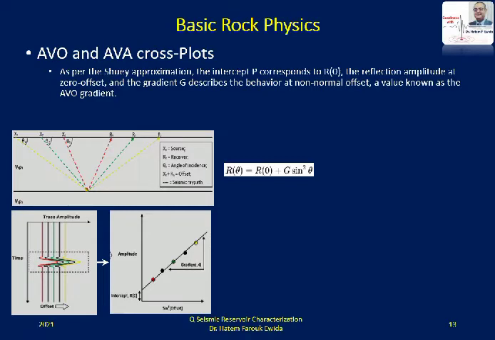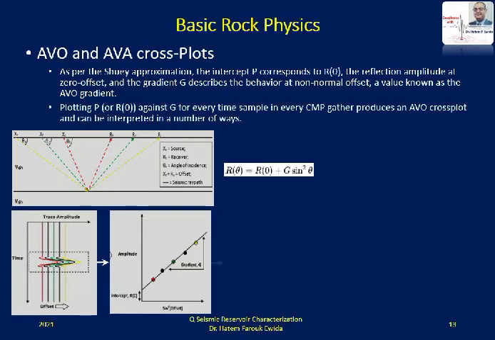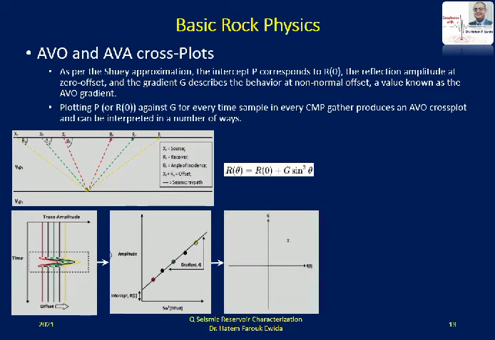If we plot sine squared theta against the amplitude, from where do you get the amplitude? From here. Then I can take the best fit. The slope here is the gradient, which is G, and this is R naught, what we call the intercept.